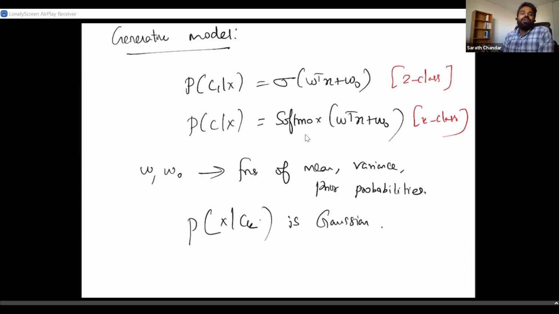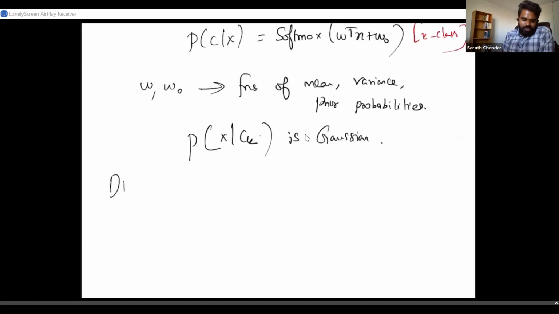Every time you want to come up with a generative model, you need to make an assumption about the distribution, and for that particular assumption, you have to come up with the whole derivation of W and W0. Instead of going through this complex process, the discriminative approach gives us a very simple solution.